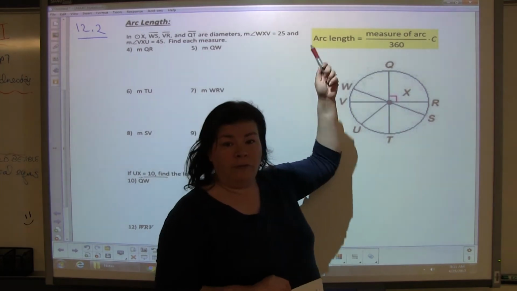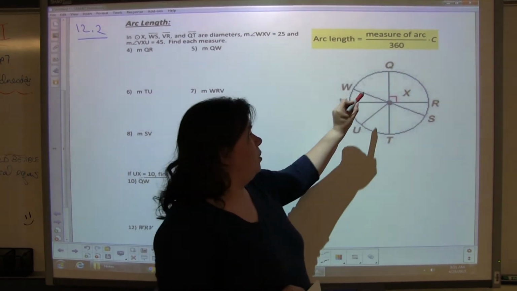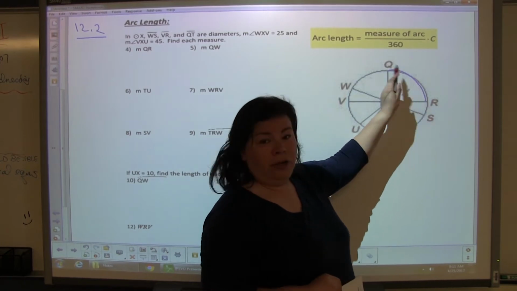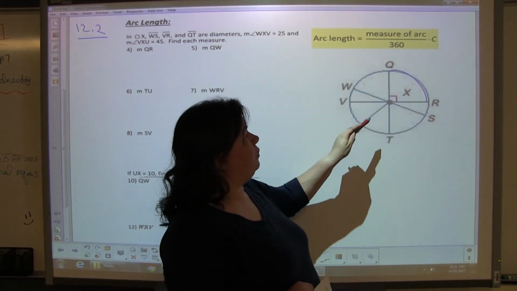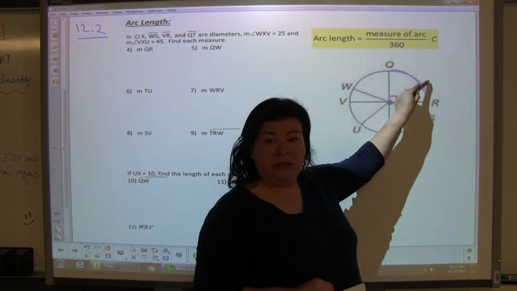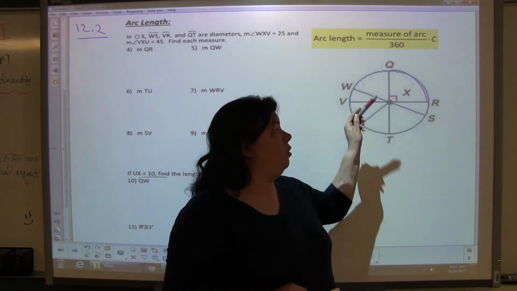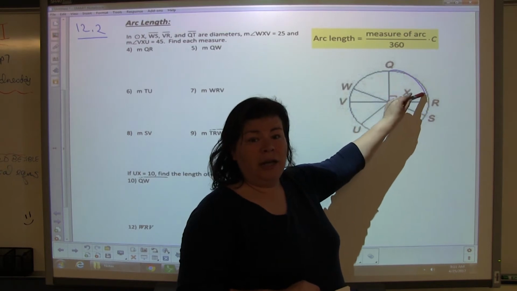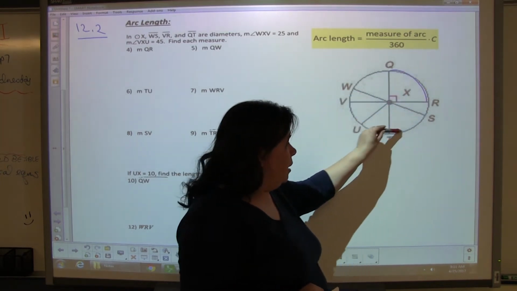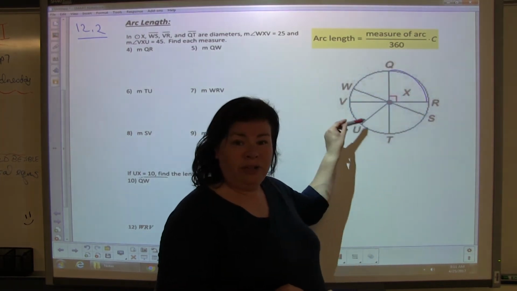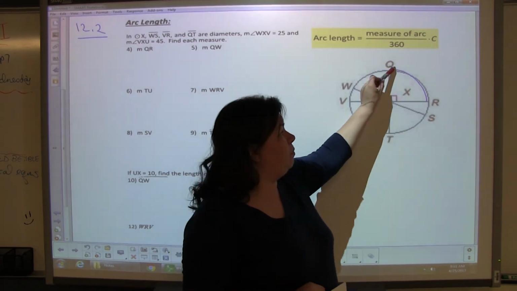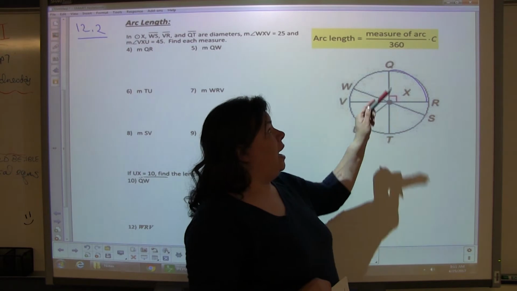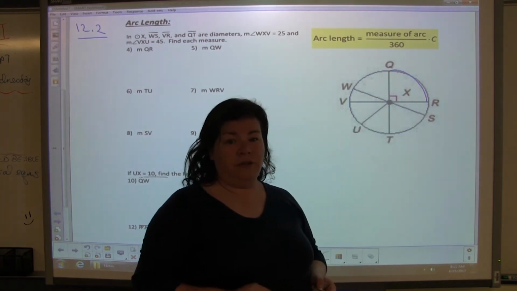So there's a formula for finding arc length. So if I wanted to find the arc length of arc QR, I would have to find the measure in degrees of the arc and divide it by the actual entire 360 degrees, because that's the portion of the whole circle it represents, and times it by the circumference of the circle.